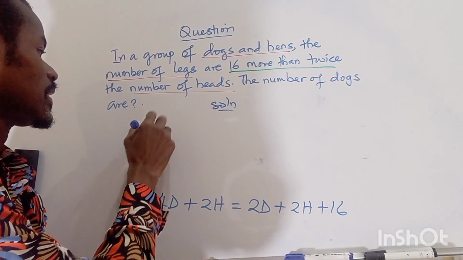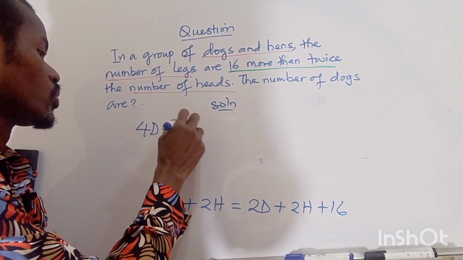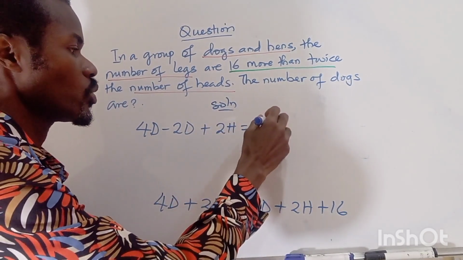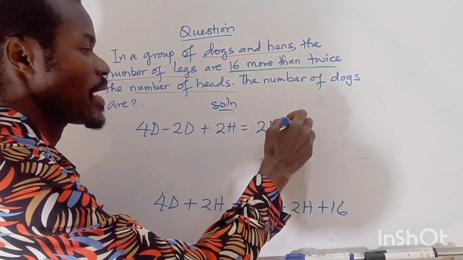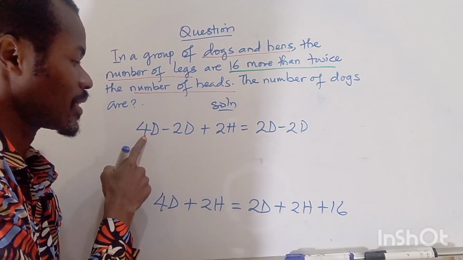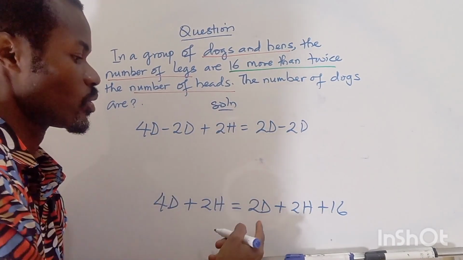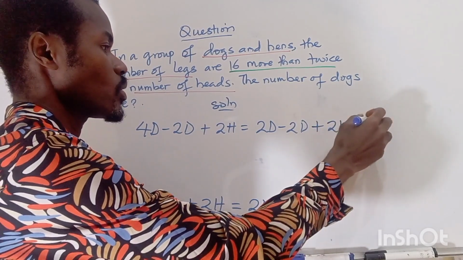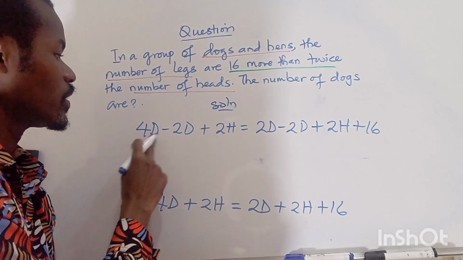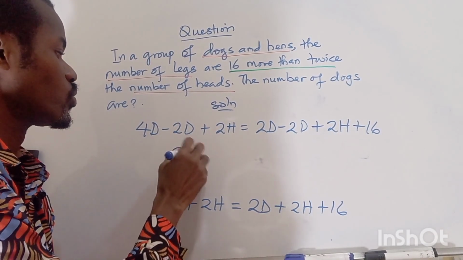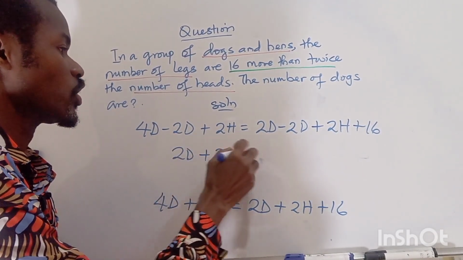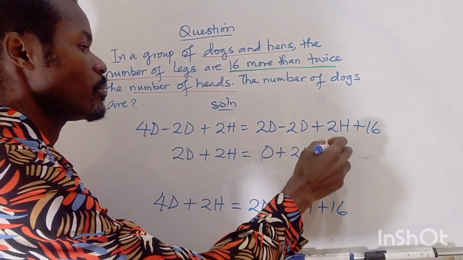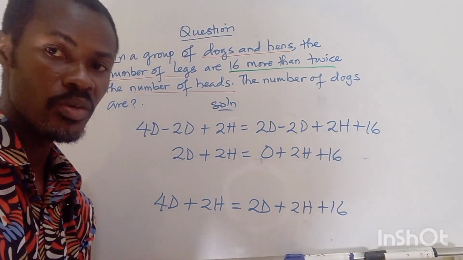So we have 4d minus 2d plus 2h equals 2d minus 2d, because I subtracted 2d here, I'm going to also subtract 2d here, plus 2h plus 16. So 4d minus 2d is going to give us 2d plus 2h equals 0 plus 2h plus 16.